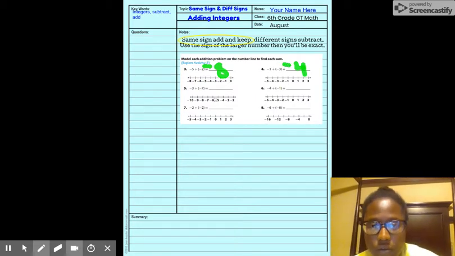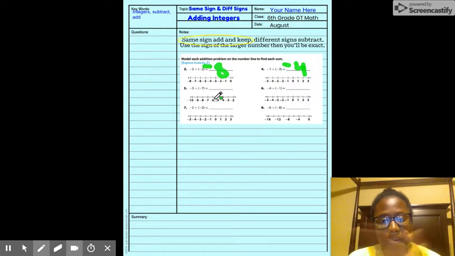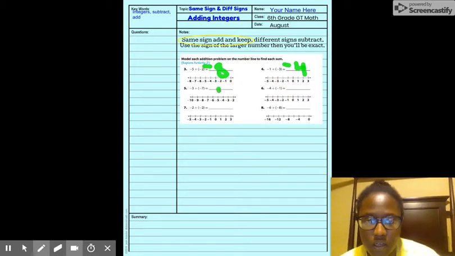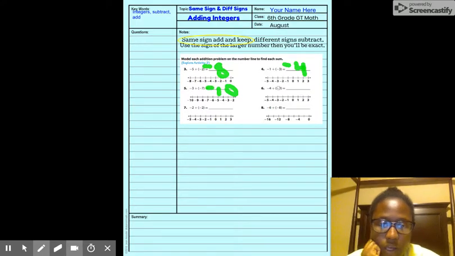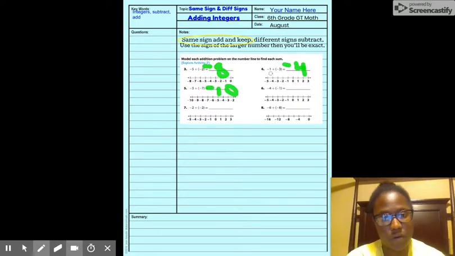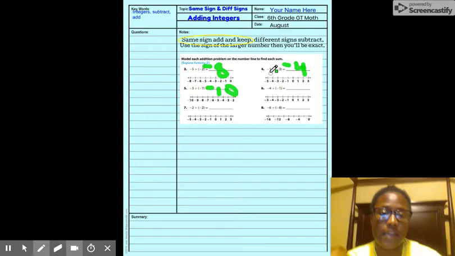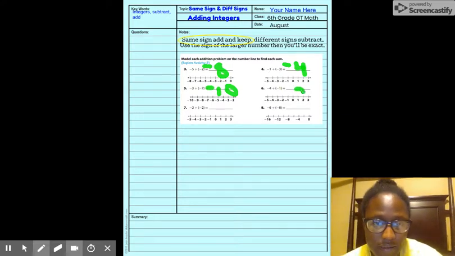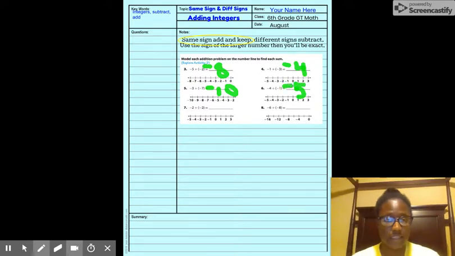All right, -3 plus -7, same sign, so you're just going to add the 7 and 3, 7, 8, 9, 10. So this one is going to be 10, and we keep the sign, so this is going to be negative. Same thing over here, -4 plus -1. It's same sign, so you're going to add and keep the sign. All right, you guys get the picture?